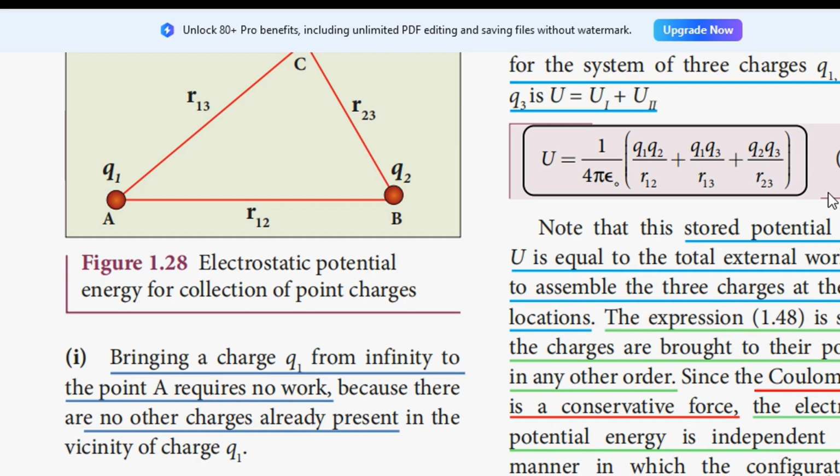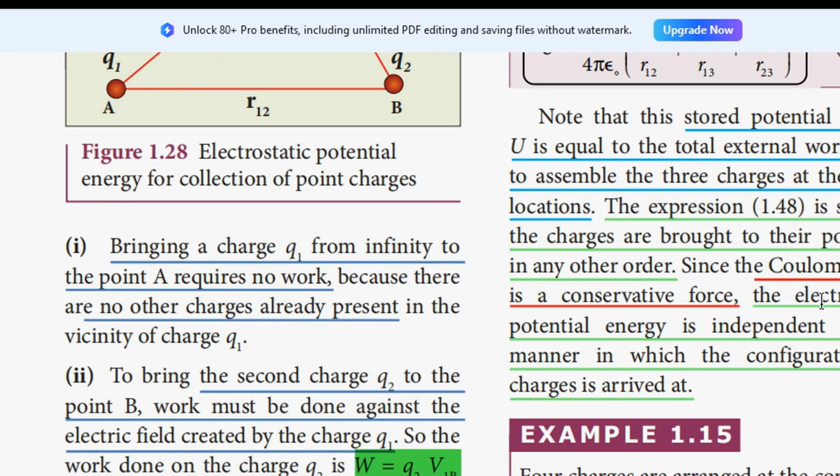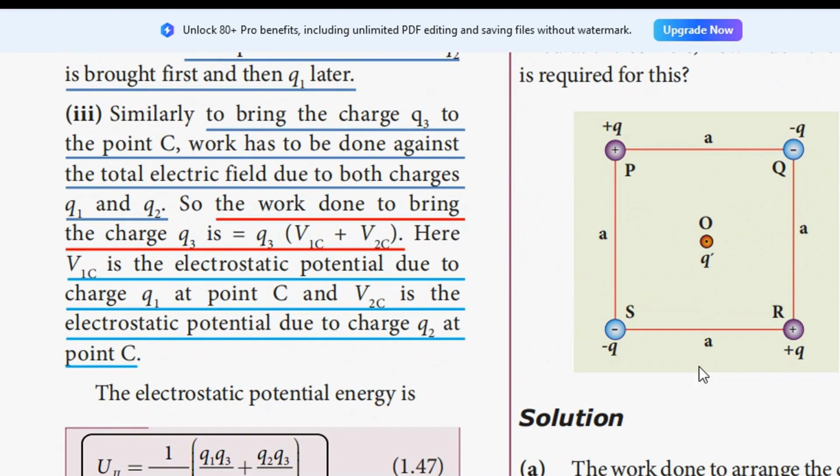So this expression 1.48 is the same if the charges are brought to their positions in any other order. Since the Coulomb force is a conservative force, the electrostatic potential energy is independent of the manner in which the configuration of the charges is arrived at.